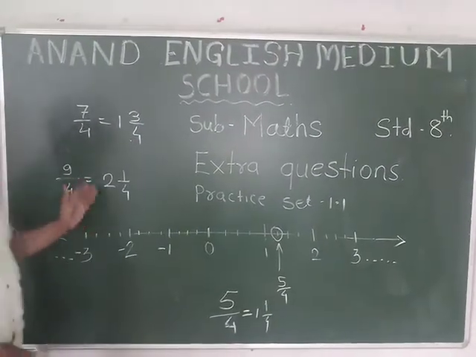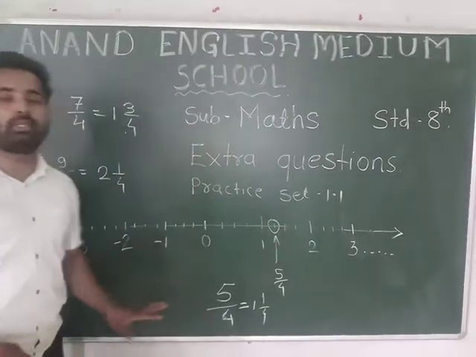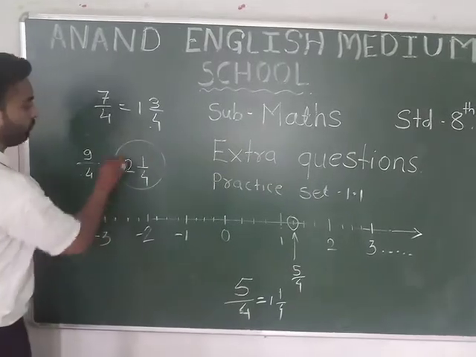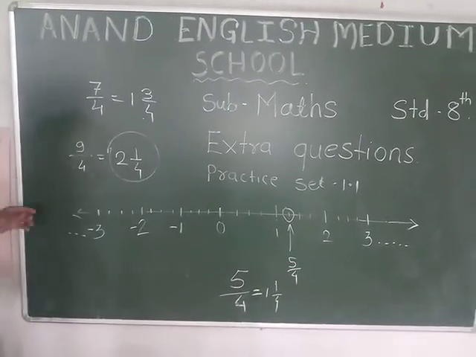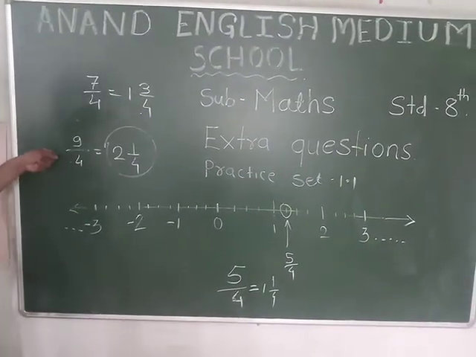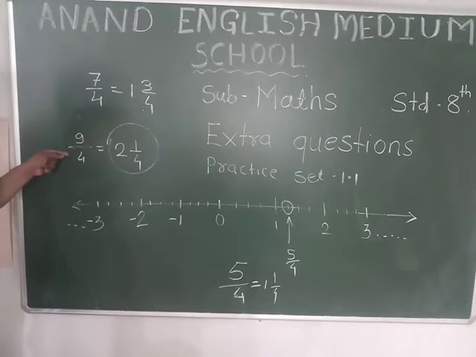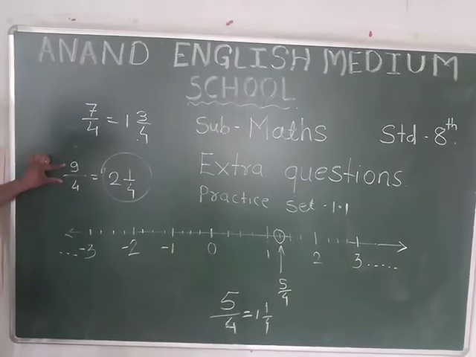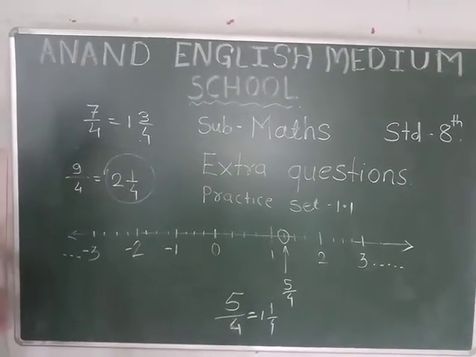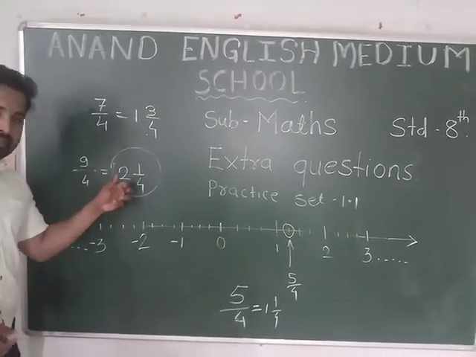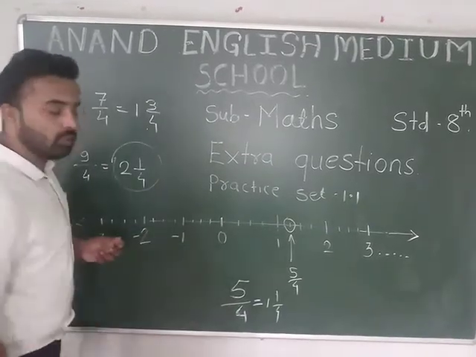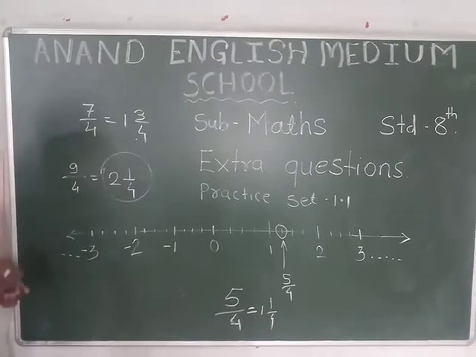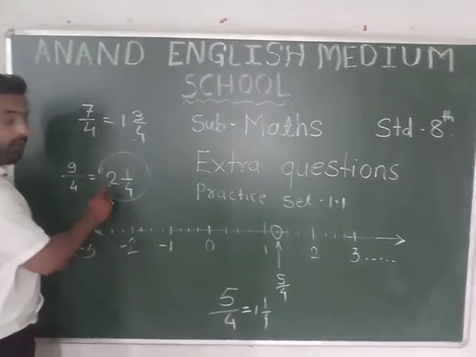Then how are these numbers plotted on this number line? Now we will see that this is a rational number. Then how is this number plotted on the number line? Here we just have to go after the 2.